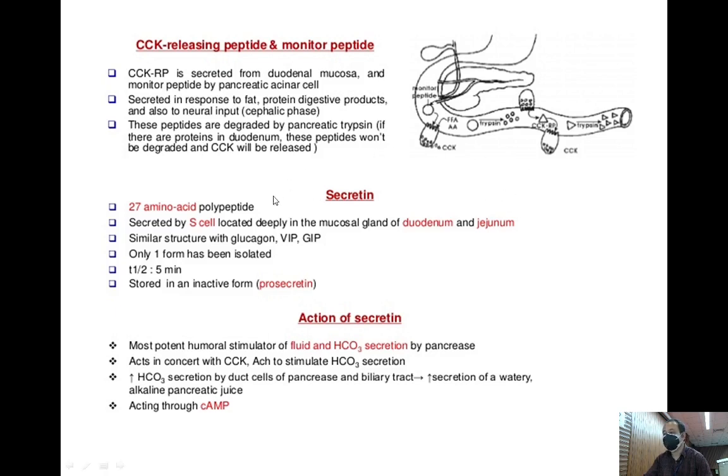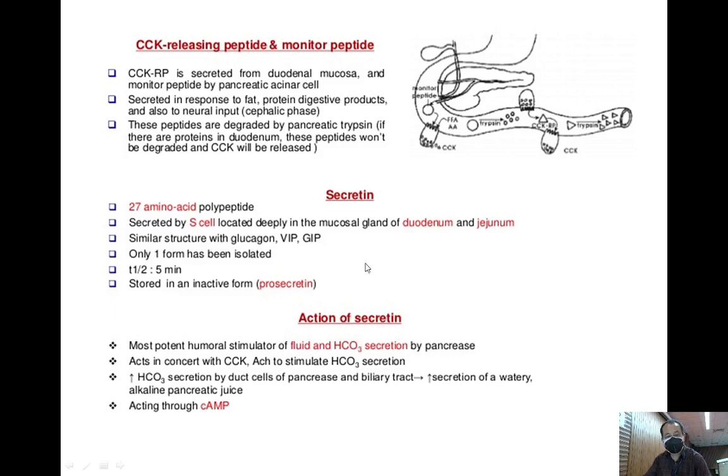A fluid which is rich in bicarbonate. So it helps in the secretion of this kind of fluid. It helps in reducing the acidity of the chyme that is arriving in the duodenum and jejunum. So what stimulates secretin?